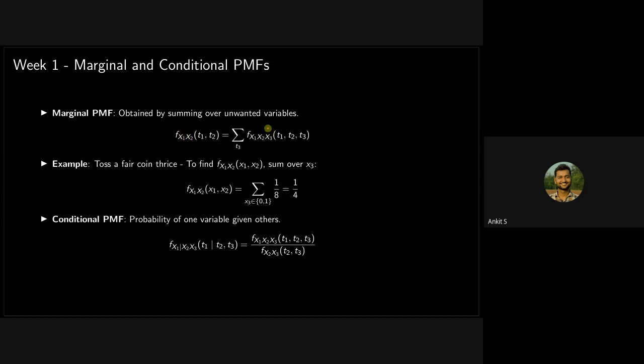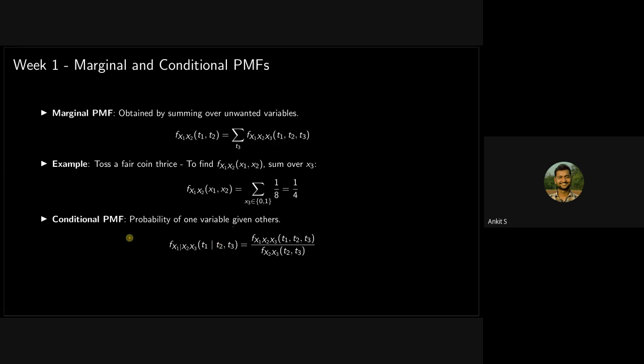In the two random variables case, while calculating the marginal probability, we were focusing on the probability of just a single random variable. In this case, we may focus on the probability of a single random variable or two random variables. So we are focusing on a subset. That's what a marginal probability represents.